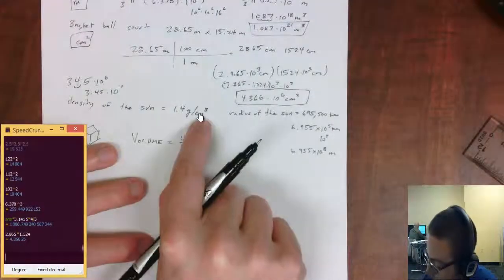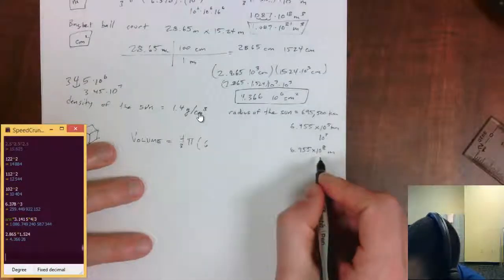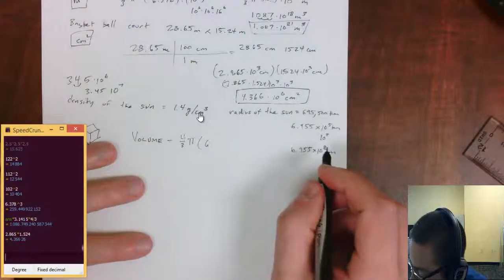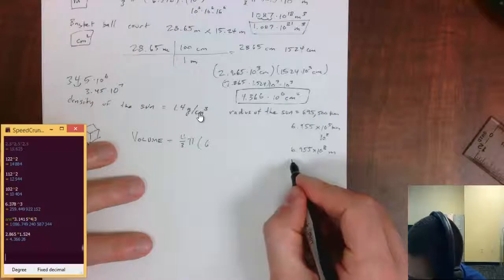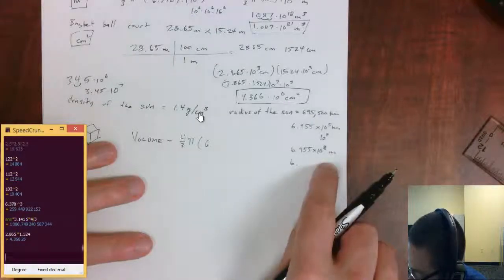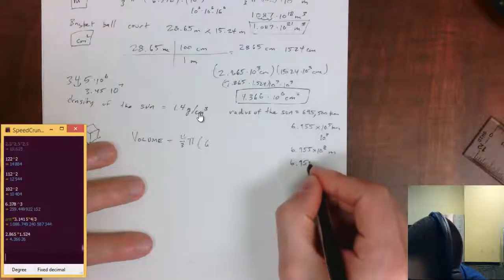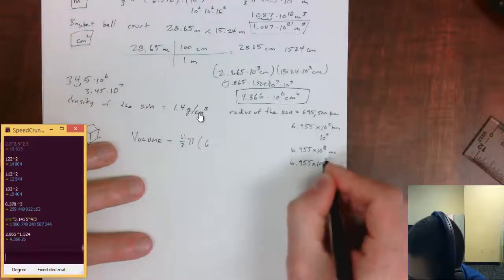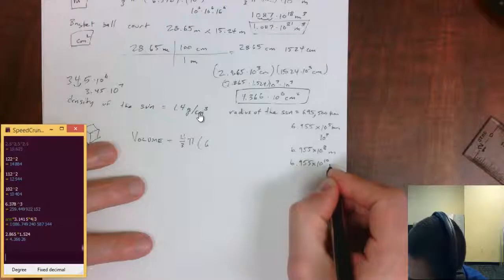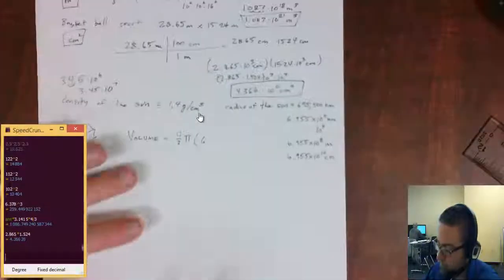And then I want to go to centimeters. There are 100 centimeters in a meter, so I'm going to multiply by 10 to the 2nd. So 2 more, so 10 to the 10th centimeters, right?